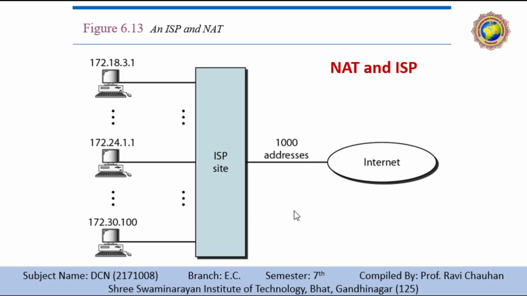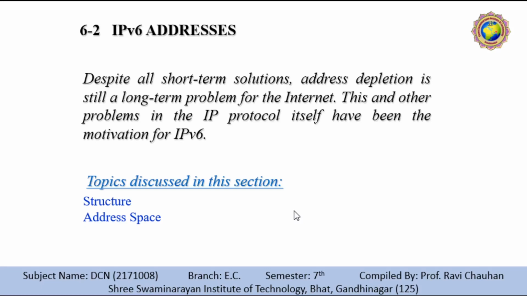So it is the end of our IPv4. Now we go for IPv6 addresses. Despite all the short-term solutions, address depletion is still a long-term problem for the internet. These and other problems in the IP protocol itself have motivated our IPv6.